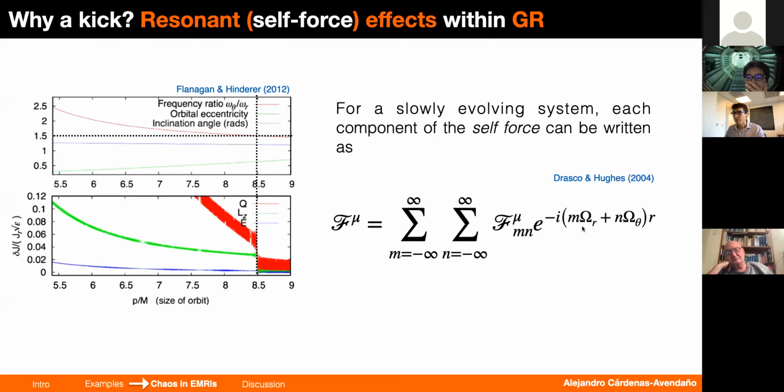But for the other terms, when m and n are not equal to 0, we have these rapid oscillations. So when you average, which is what we have been doing before for the adiabatic approximation of these EMRIs, in chaos, I'm talking specifically, your fluxes won't see this effect. But at resonances, m and n, this condition, we hit the resonance condition, this goes to 0, and then those terms start to matter. And that's exactly what they found here.